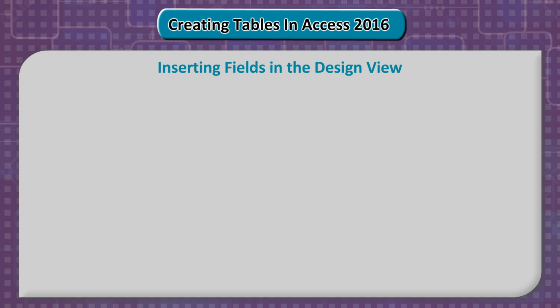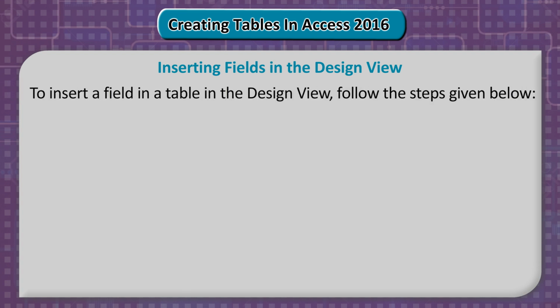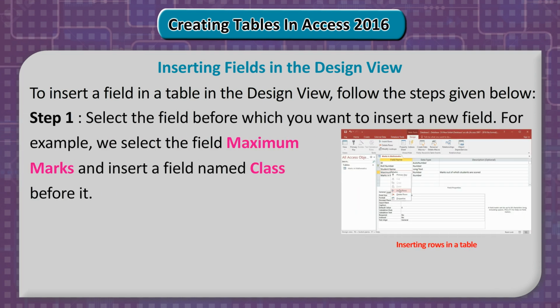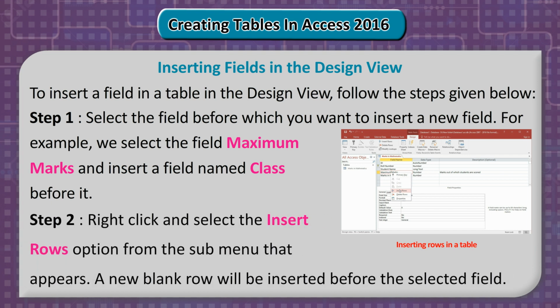Inserting fields in the design view. To insert a field in a table in the design view, follow the steps given below. Step 1. Select the field before which you want to insert a new field. For example, we select the field Maximum Marks and insert a field named Class before it. Step 2. Right-click and select the Insert Rows option from the submenu that appears.